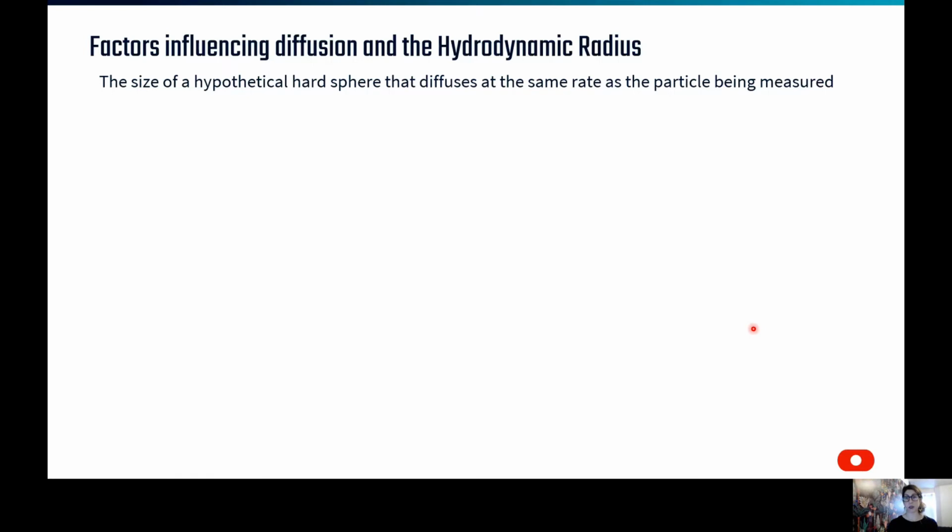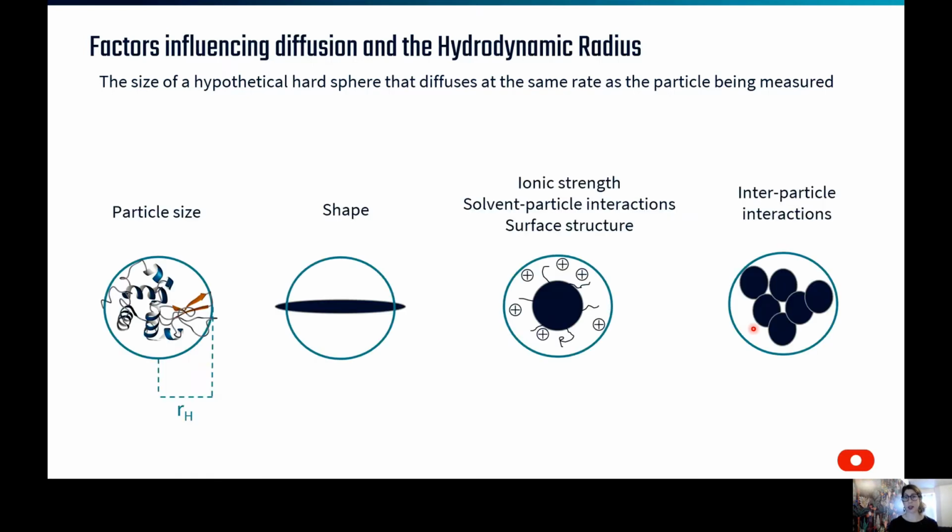Of course, the particle's core size is going to affect the hydrodynamic radius. However, any factors that influence its diffusion through solution will also affect this observed radius. And the more drag that a particle has as it moves, the slower it's going to diffuse and the larger that apparent radius. So for instance, a particle's shape is going to influence this diffusion.